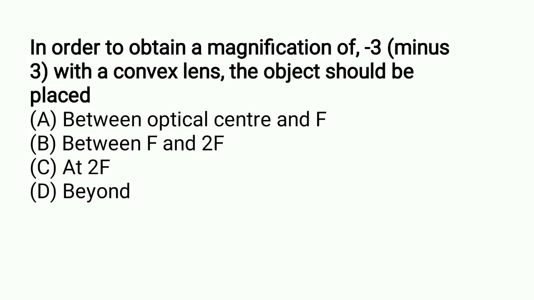Next question: in order to obtain a magnification of -3 with a convex lens, the object should be placed where? Option A is between the optical center and F. No, if you keep the object between the optical center and F, you will get a virtual and erect image, and for a virtual and erect image the magnification is positive.